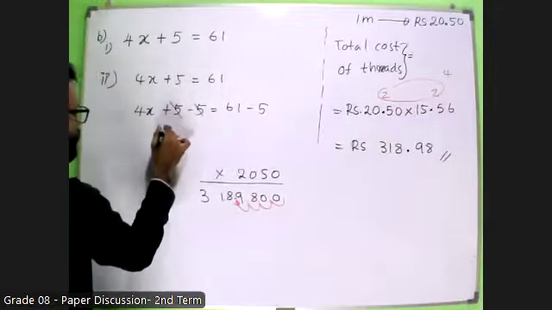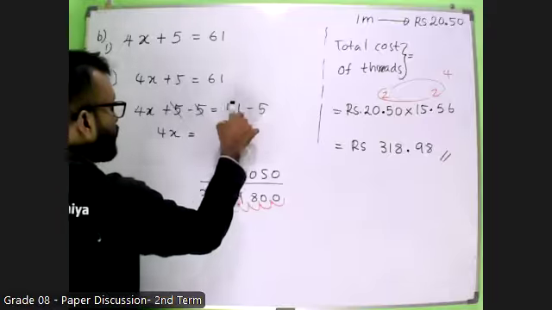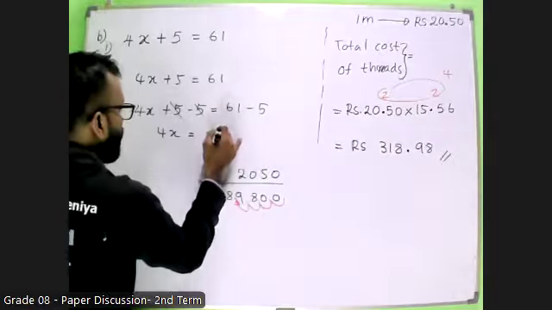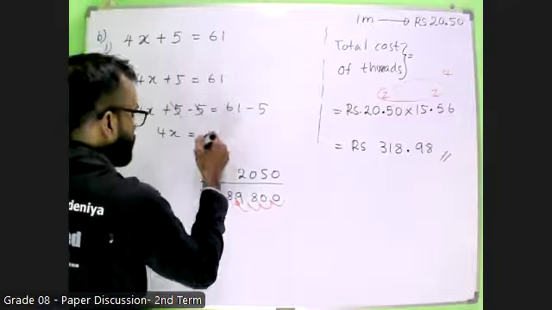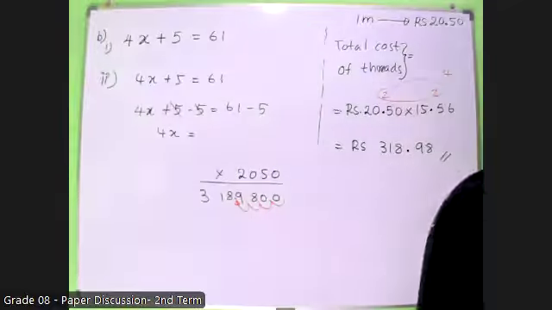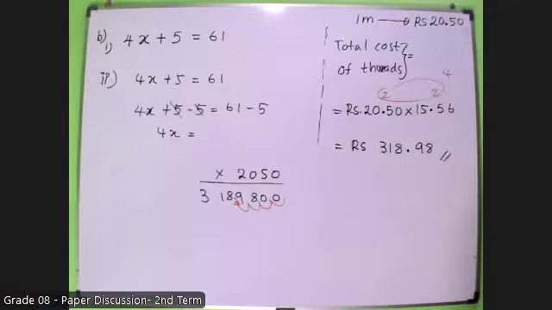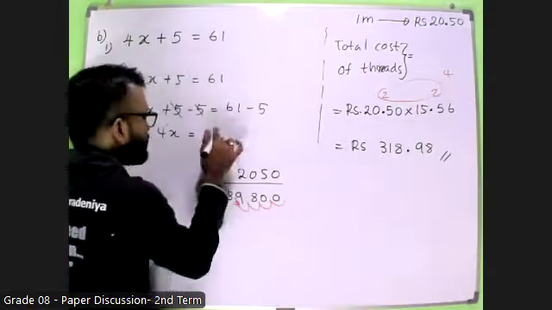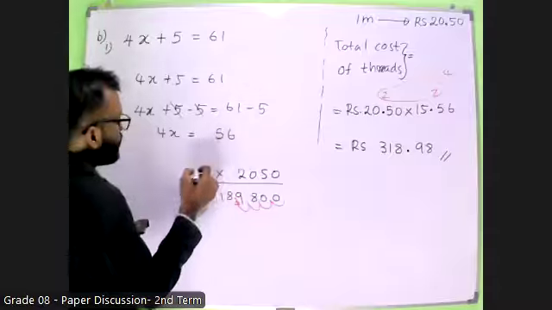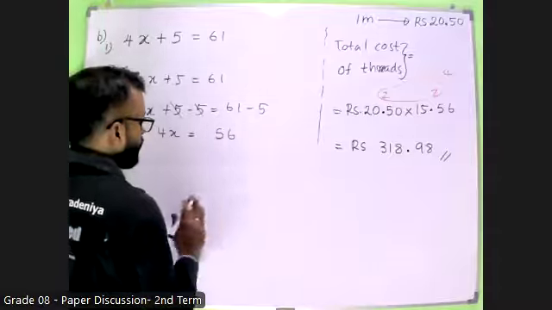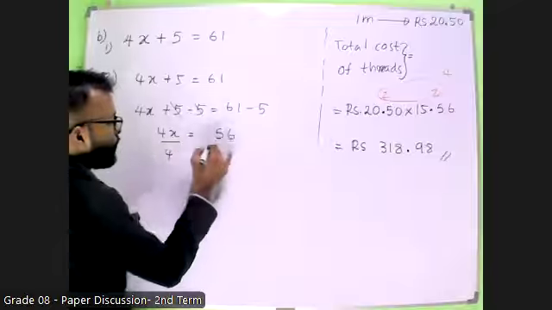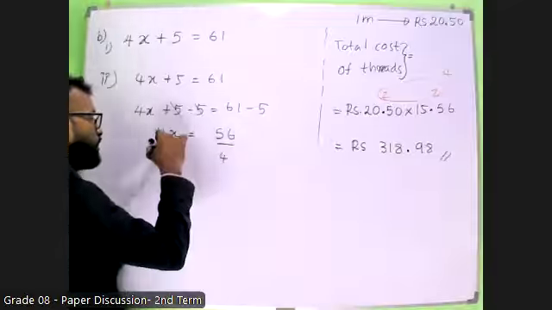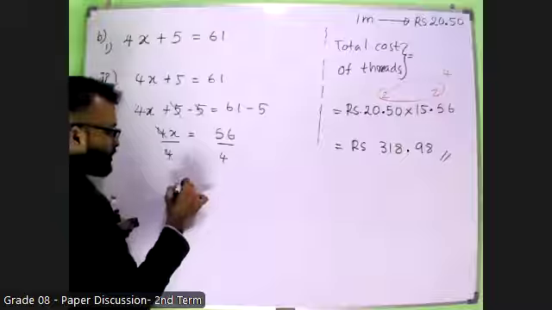Cancel out, cancel out. 4x equals 61 minus 5, so it will be 56. Right. Okay. So divide both sides by 4 if you want to find the value of x.